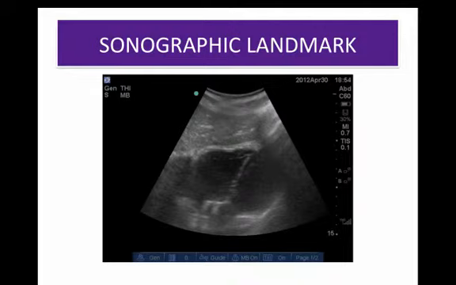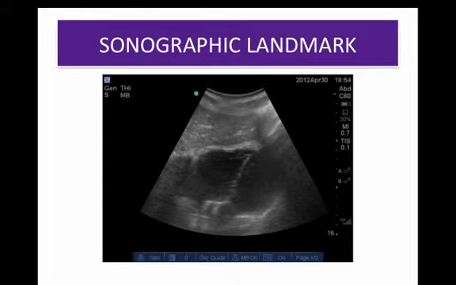And as mentioned previously, it should appear as the probe slides toward the xiphoid. The heart will appear as a black structure mostly, surrounded by a white envelope. It may be moving or it may not be.